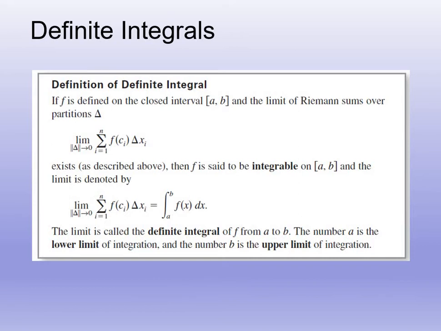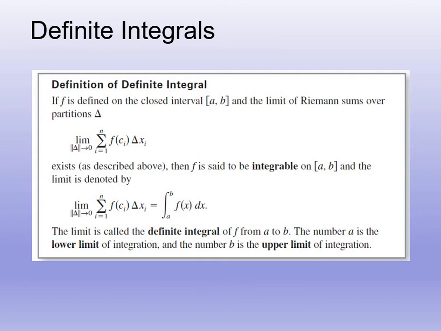Our whole limit equals a definite integral, the integral from a to b. Notice those are what we call the limits of integration. We have an upper limit, which is b, and a lower limit, which is a. It's always going to be left to right, of f of x dx.